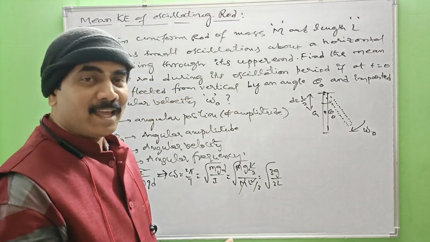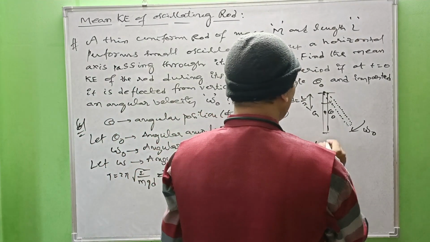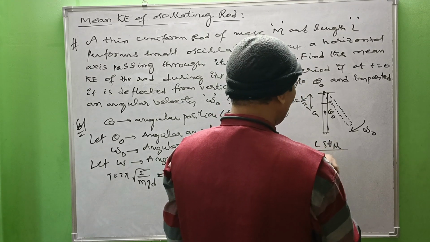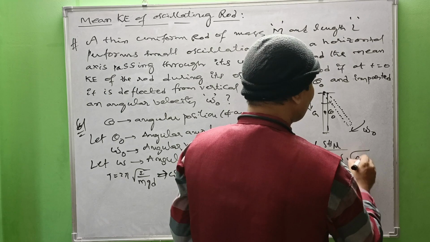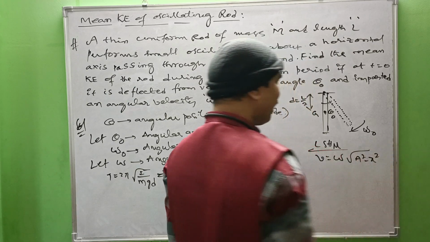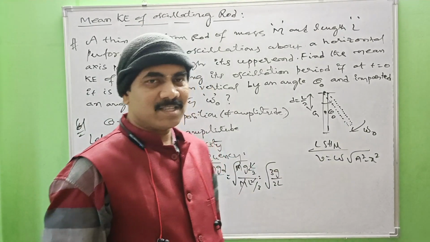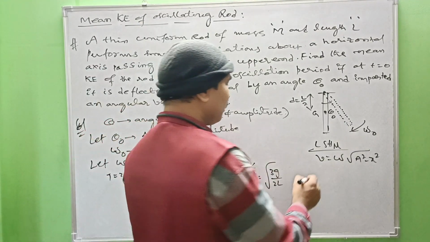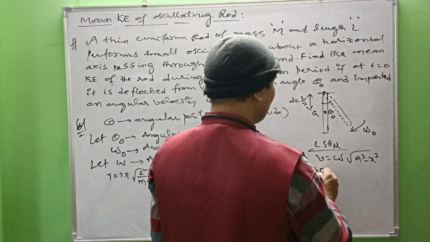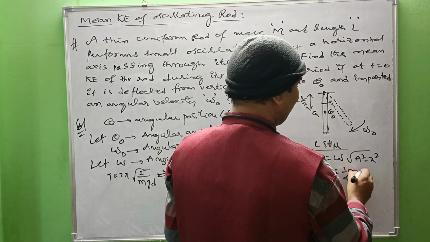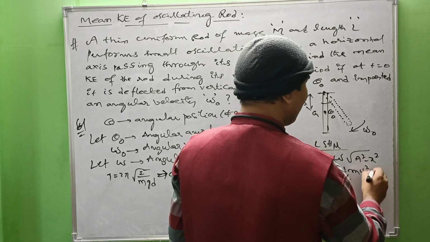So in case of linear SHM, what are the expressions? V equal to omega into root over A square minus x square. Linear velocity equals angular frequency into root over A square minus x square. Similarly, average kinetic energy in case of linear SHM equals 1/4 m omega square into A square.